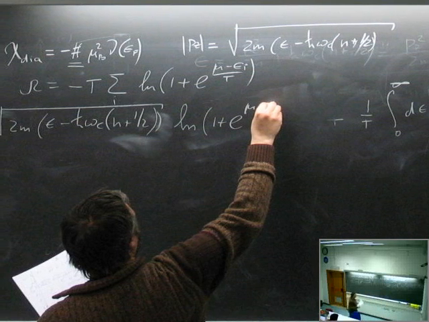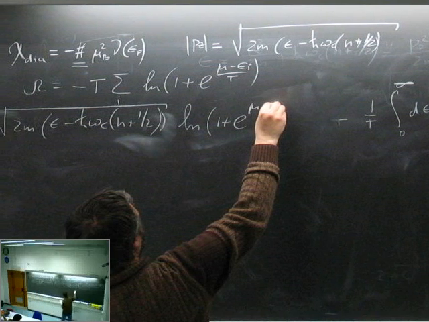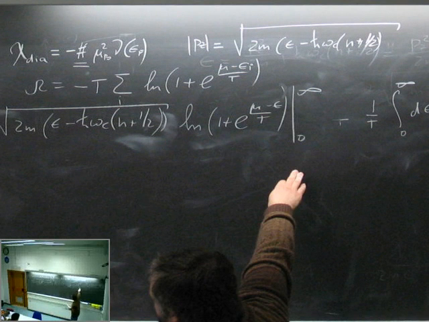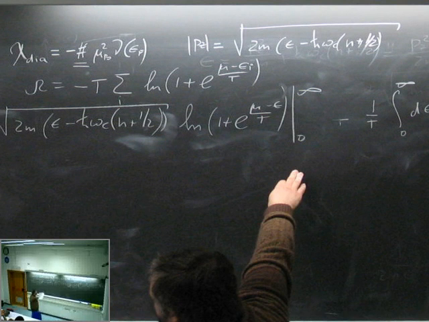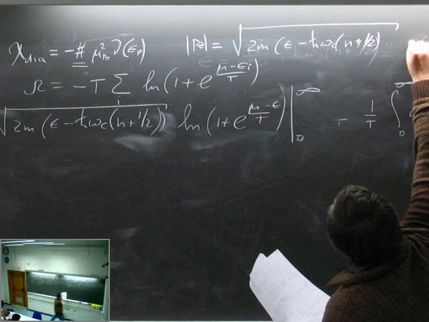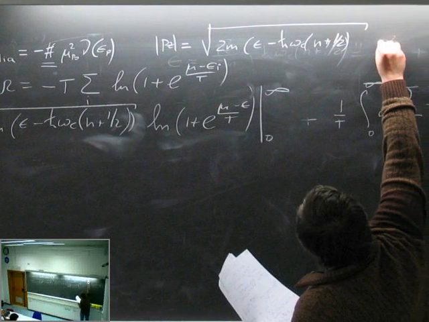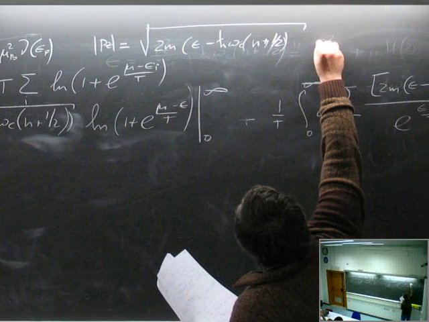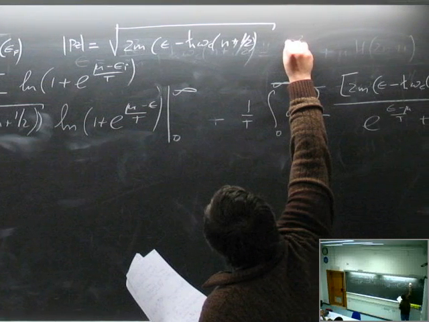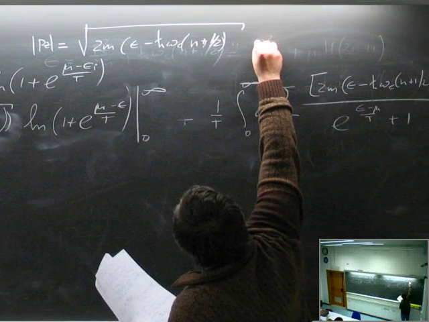Of course, here it's not 0 because the summation is defined where the argument of the square root is positive. Actually, I should say that n from this formula, the argument should be positive, changes from 0 to a maximum value.